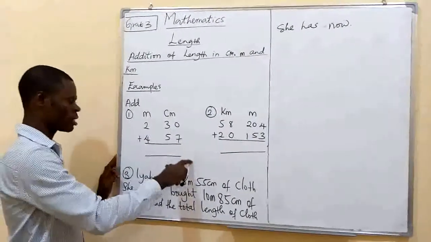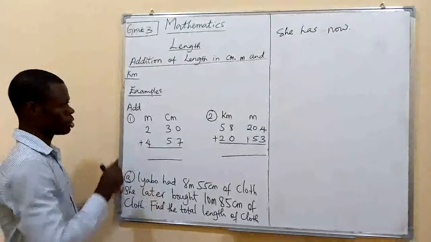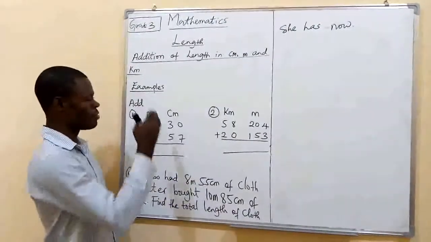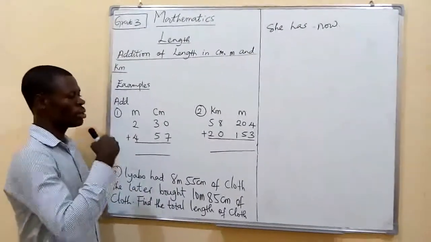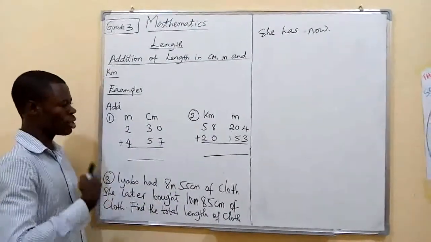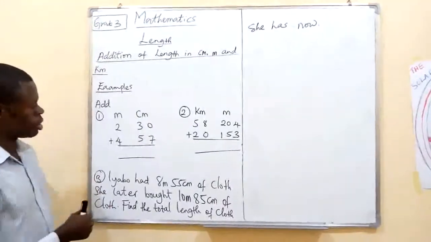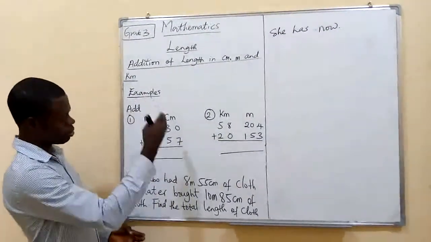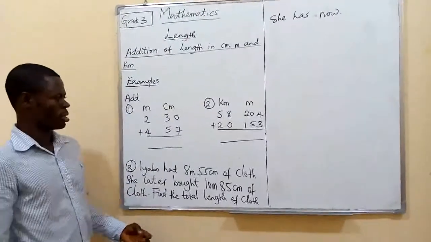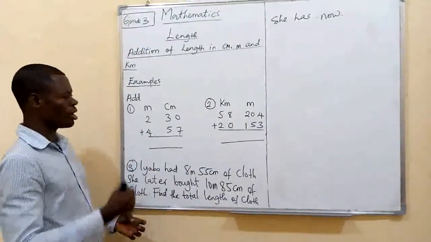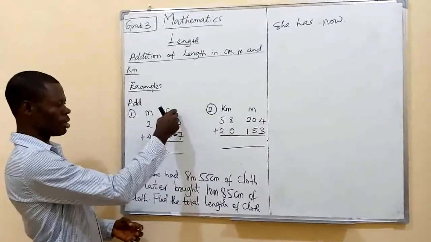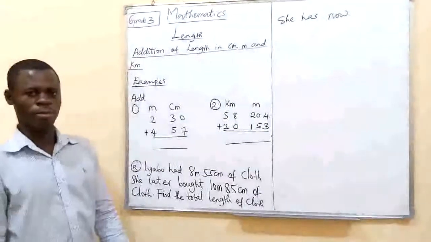This is vertical addition, where you have the units, tens, hundreds, and so forth. So you add vertically according to the column, one after the other, but starting from your extreme right. The first column is the unit column.